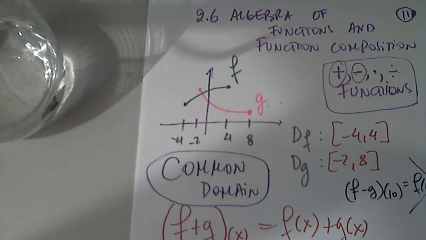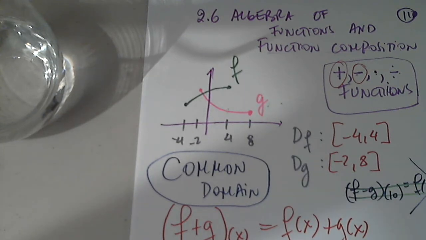Because if one or the other or both don't exist, this makes no sense. So where will it be in my graph, in this particular example, where will it be the common domain? CD, common domain is? -2 to 4. Excellent, thank you.